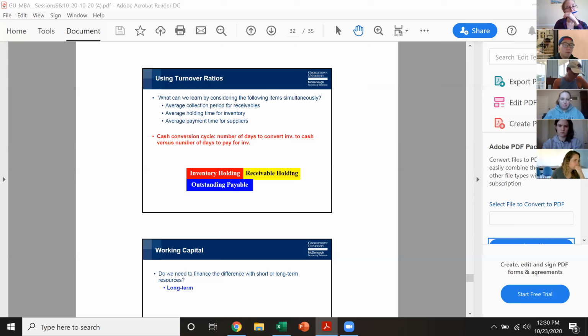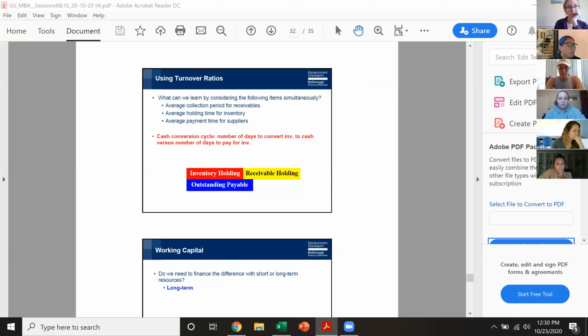Inventory, similar, inventory holding period. So you create the inventory, right? And how long does it take for you to sell it and make it into cash? And those two items, you compare to how long it takes for you to pay your suppliers.